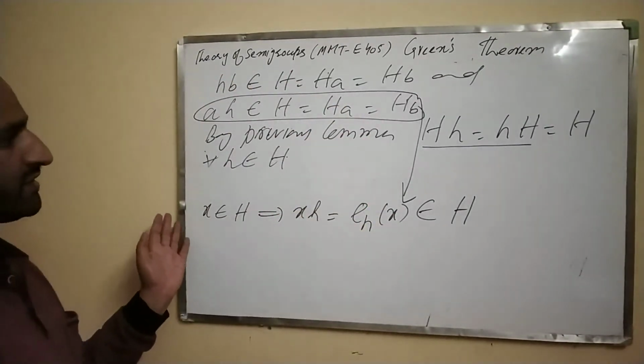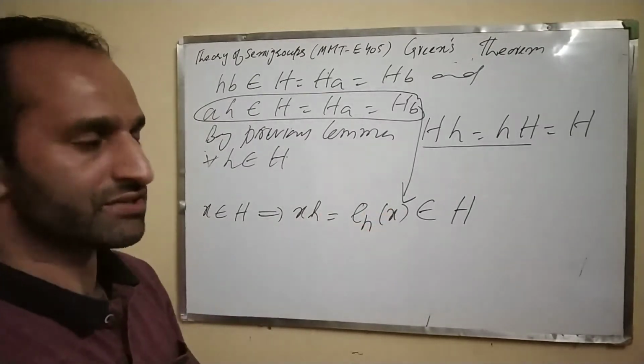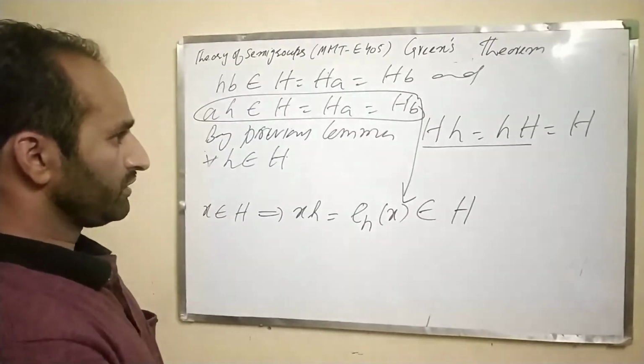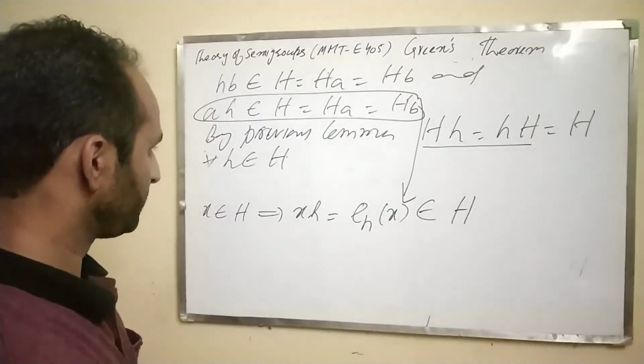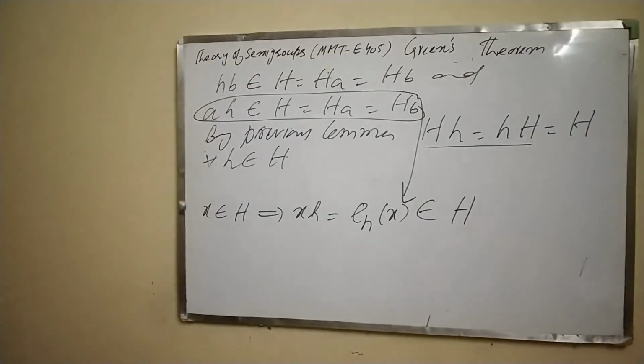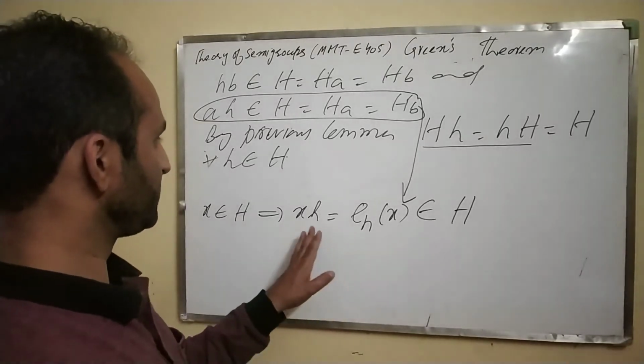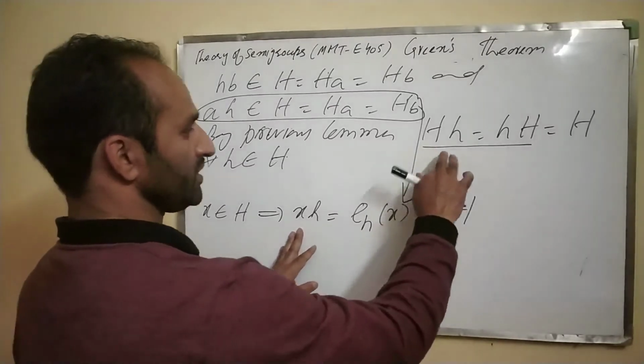It's true for each X belongs to H. XH belongs to H. But what's XH actually? XH belongs to H, but XH is an element of this one.